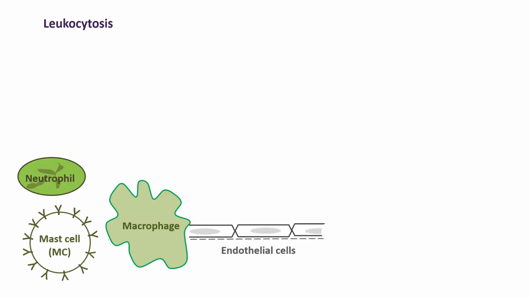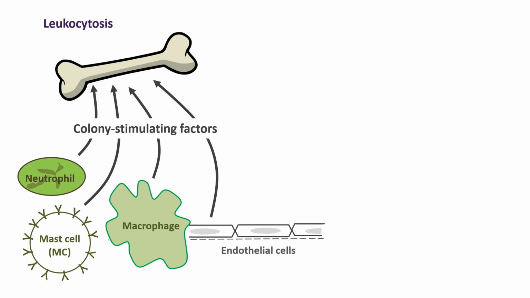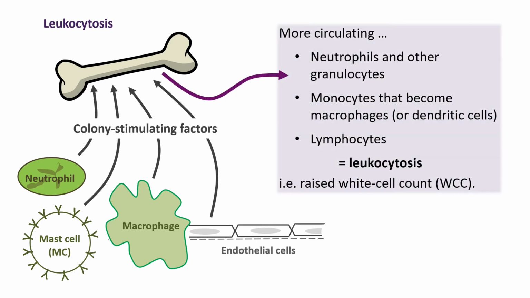Okay, so let's look at leukocytosis again for a start off. We've got in the local area potentially neutrophils, macrophages, mast cells. They secrete colony stimulating factors. The colony stimulating factors bind in the bone marrow and we get leukocytosis.